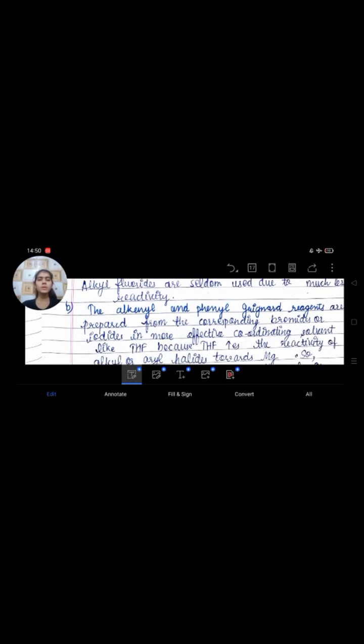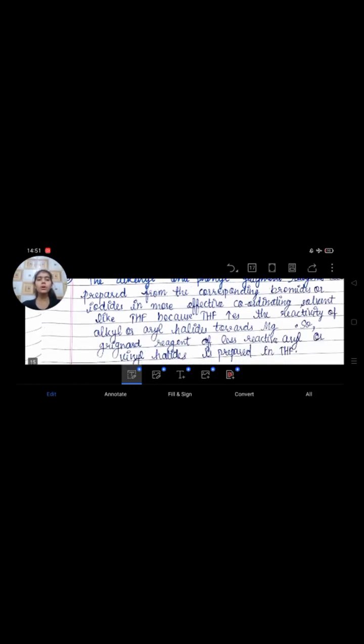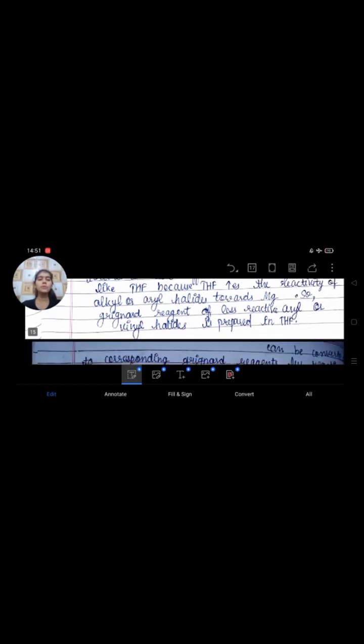Second type is the alkenyl and phenyl Grignard reagents, which are prepared from the corresponding bromides or iodides in more effective coordinating solvent like tetrahydrofuran, because tetrahydrofuran increases the reactivity of alkenyl or aryl halides towards magnesium. So, Grignard reagent of less reactive aryl or vinyl halides is prepared in tetrahydrofuran.